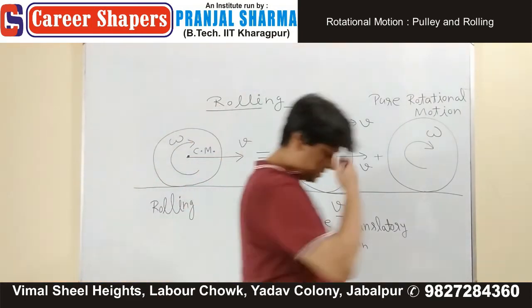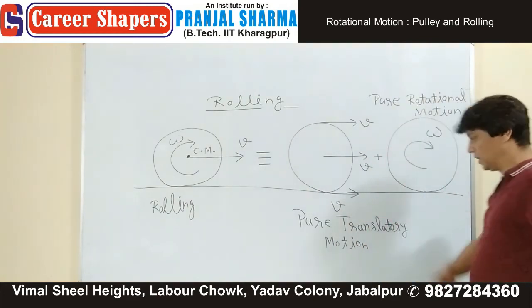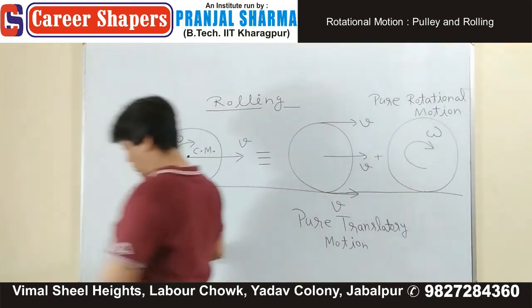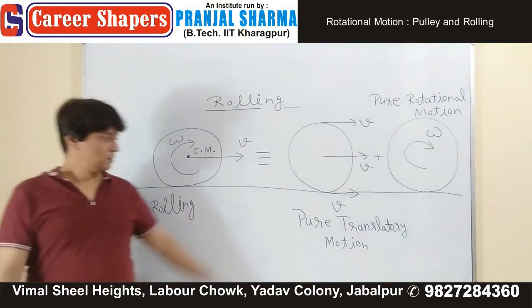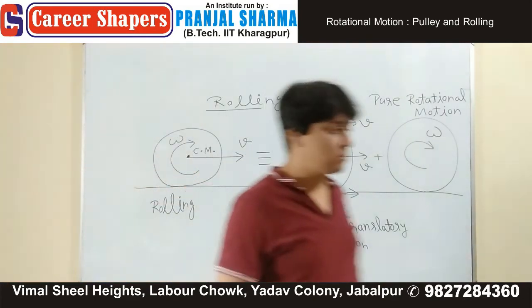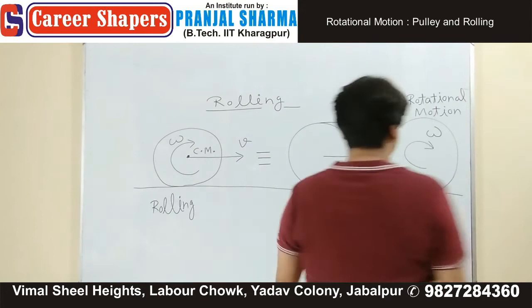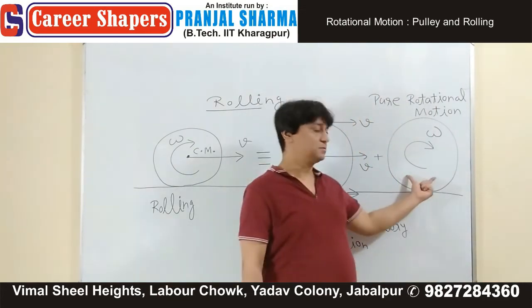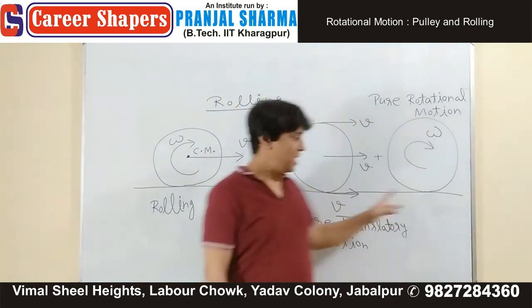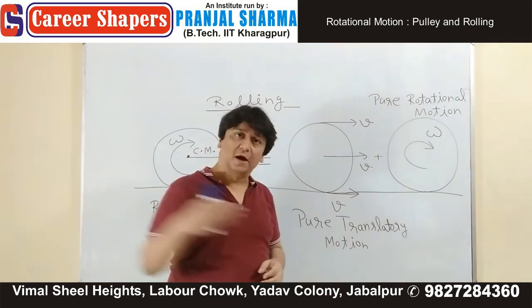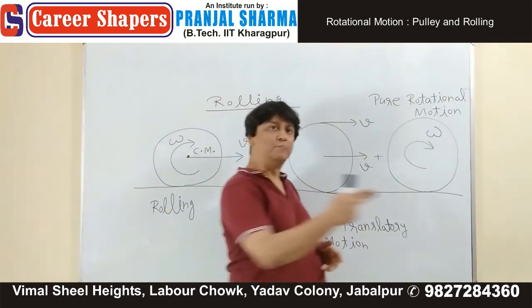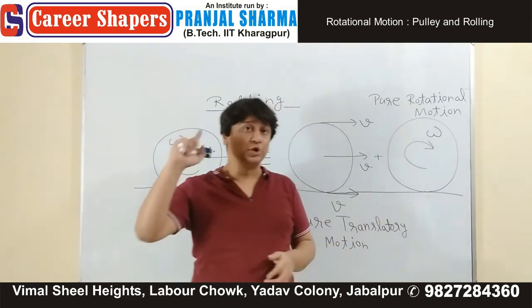Somebody on the bike, if he somehow looks at the wheel, then what does he see? Rolling or pure rotational motion? What do you think? Good. We'll only see this. Why not this? Because along with the car or the bike, you're moving in the same direction. And relative motion tells us what?